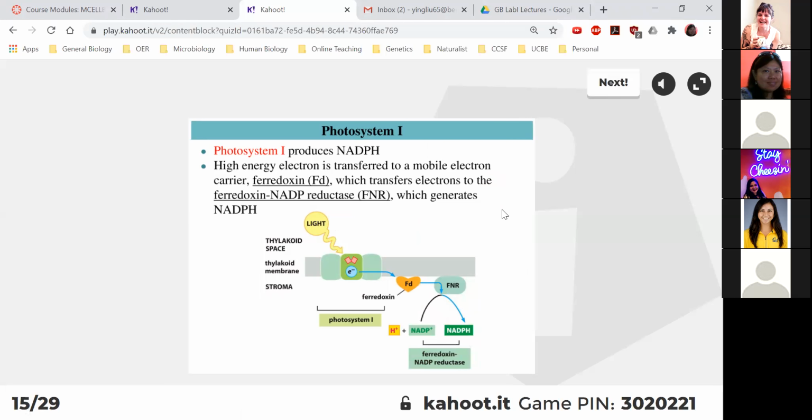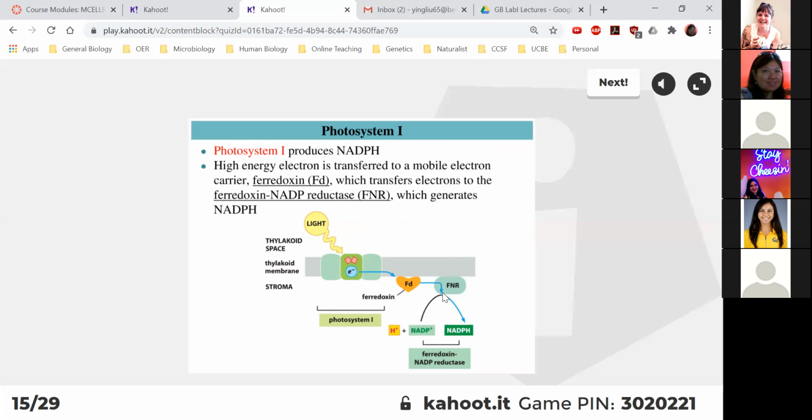For this class, you don't really need to remember the names of the enzyme complexes, as long as you understand the concept that electrons are being bounced from one party to the next, but it's the FNR that's actually reducing NADP plus to NADPH. And that's happening on the stroma side of the thylakoid membrane.